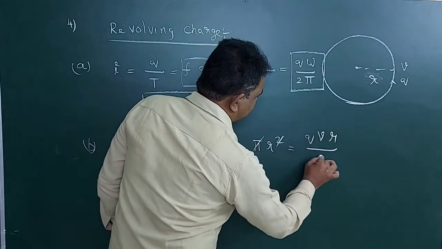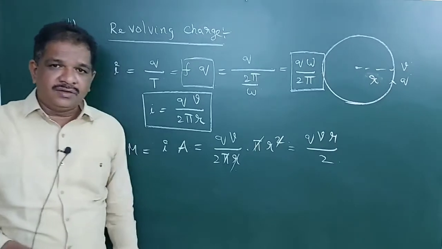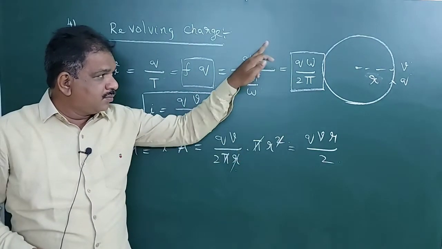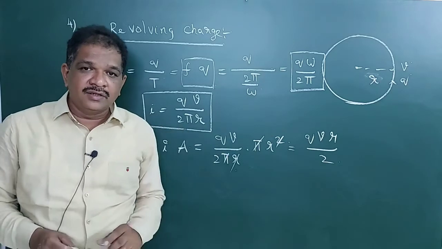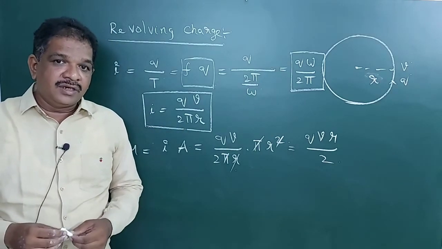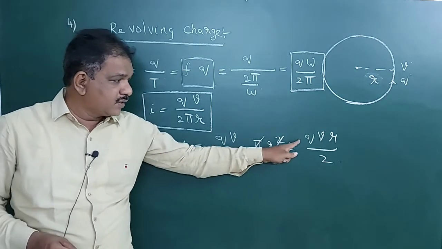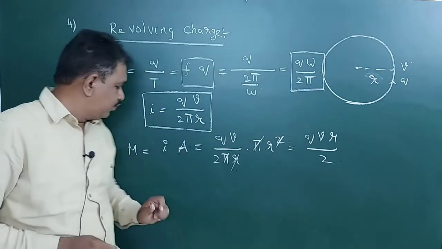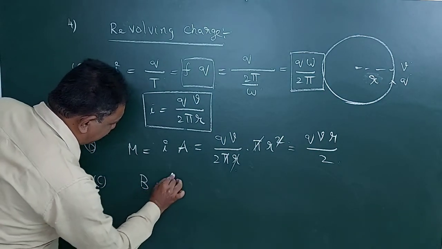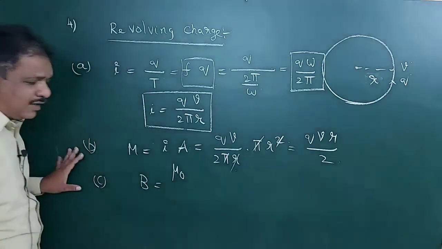It becomes QVR by 2. A charged particle is revolving in the circular path. What is the magnetic moment of that charged particle? It means QVR by 2.